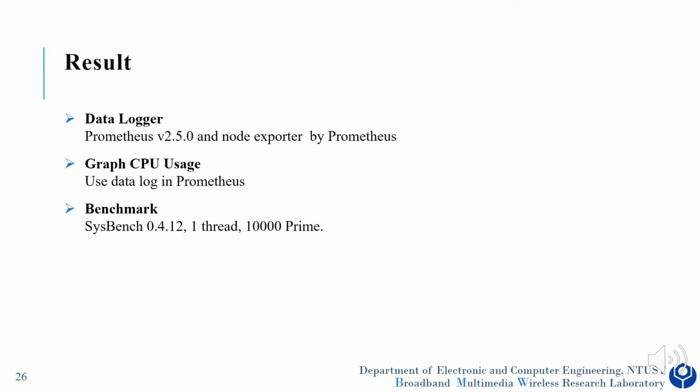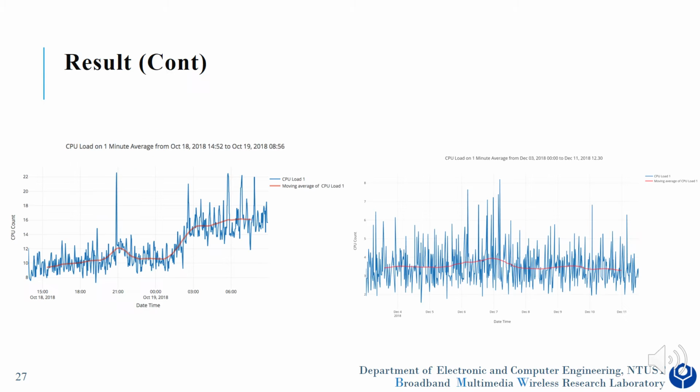For the results of optimization, we use Prometheus as a data logger and plot the data into graphs. We also did benchmarking using sysbench, which allocates one thread in the CPU to calculate 10,000 prime numbers.